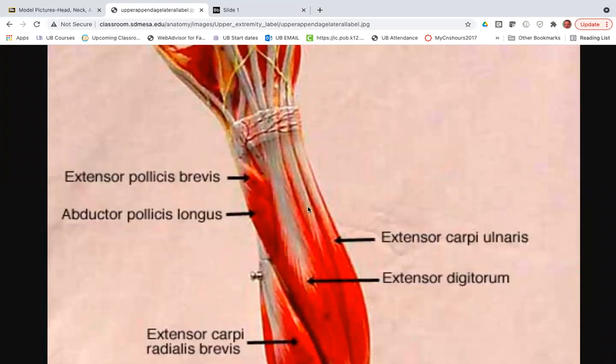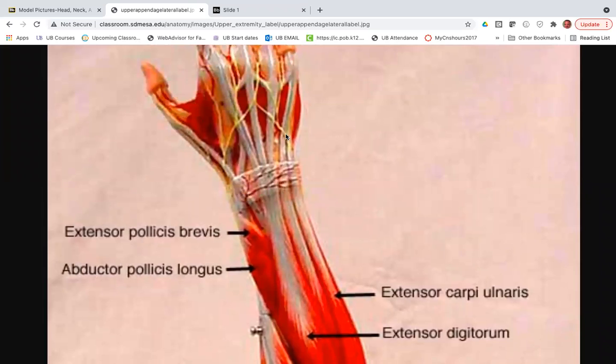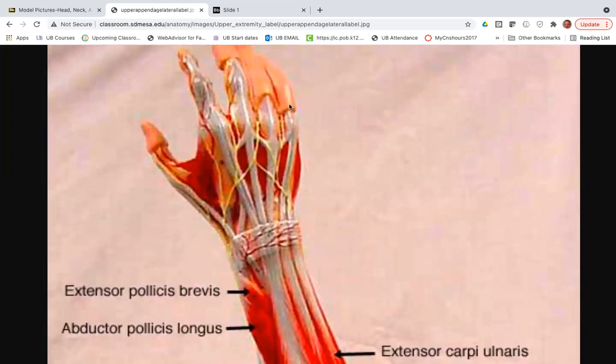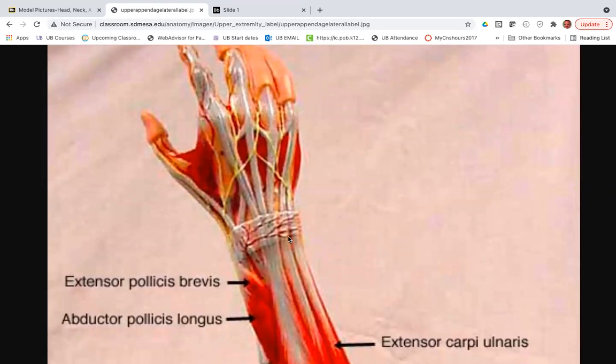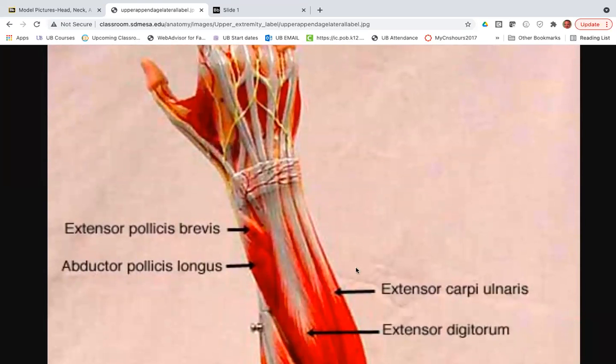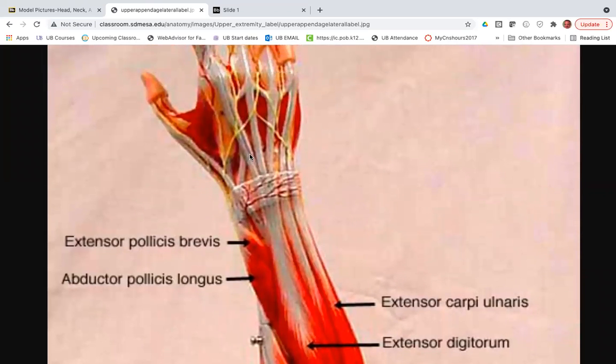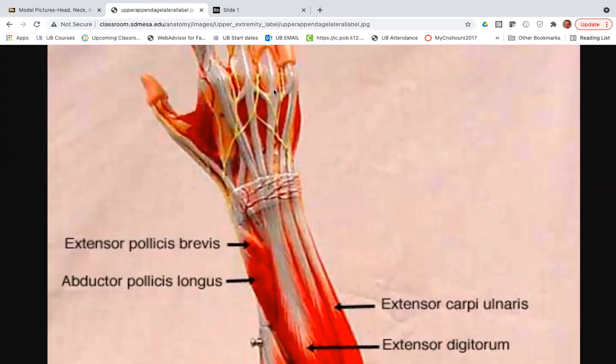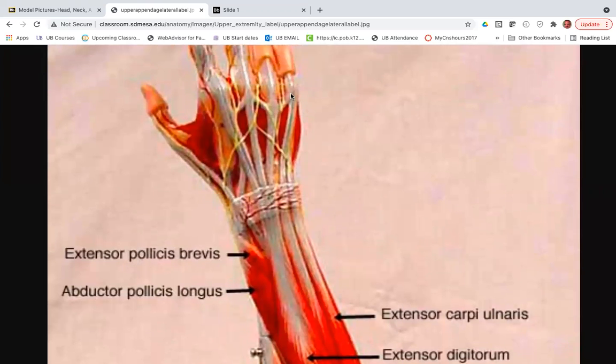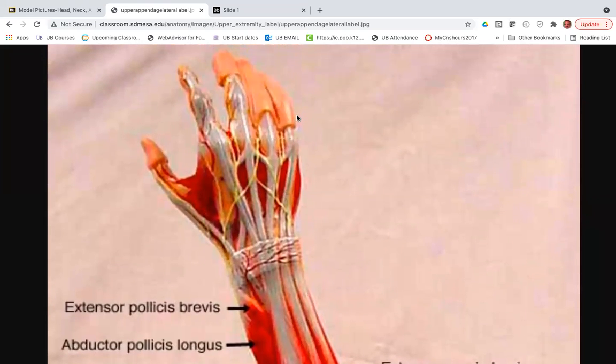Doesn't look like it's labeled, but if we follow it down, it only goes to the pinky. The pinky is called digiti minimi, so it's an extensor digiti minimi. So this is the extensor digitorum, goes to digits 2, 3, and 4. A little bit branching to the 5th, but the 5th really has its own, an extensor digiti minimi.